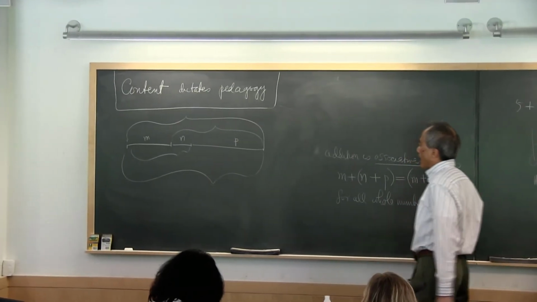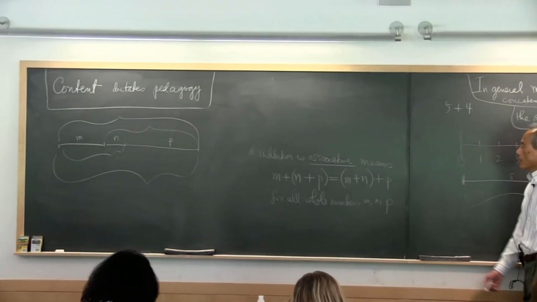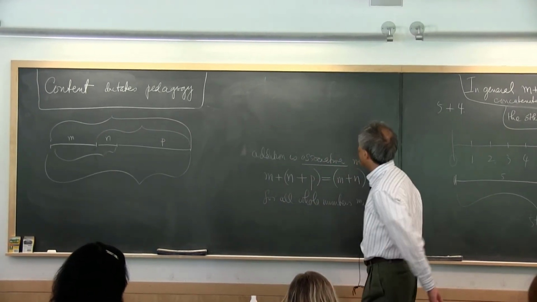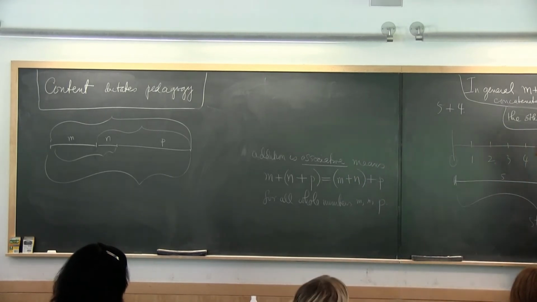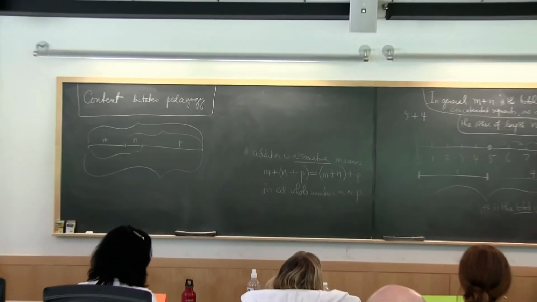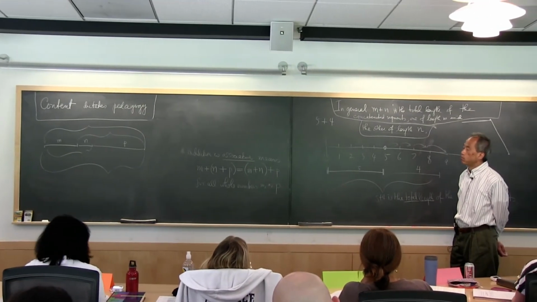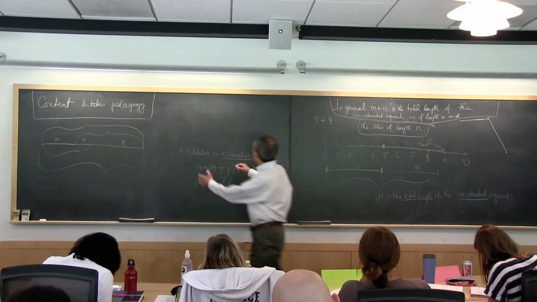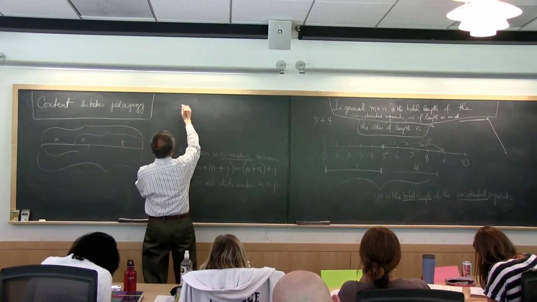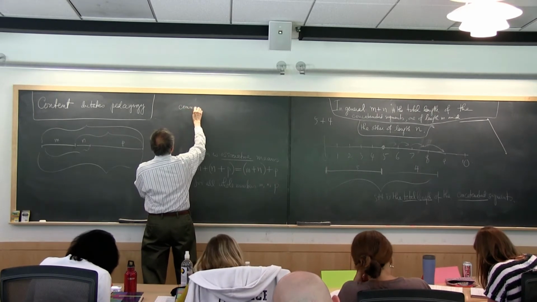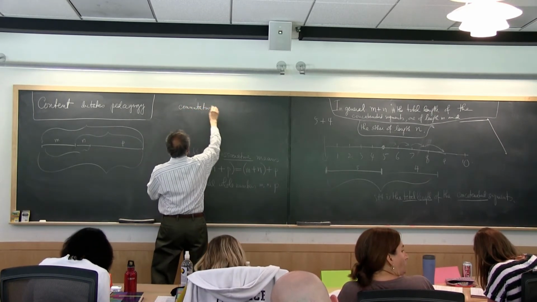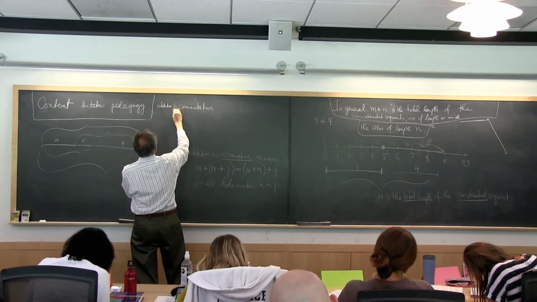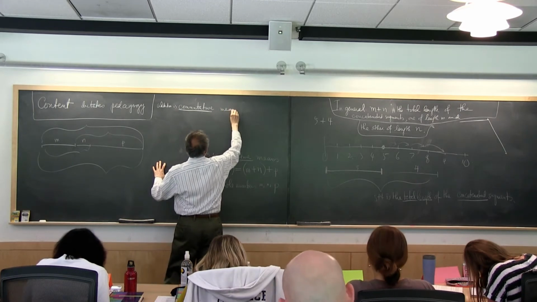Now, to say that, yeah, let's stick with addition because that's a simpler concept. We say that that's what we mean by associative, right? But the commutative, to say addition is commutative means what?